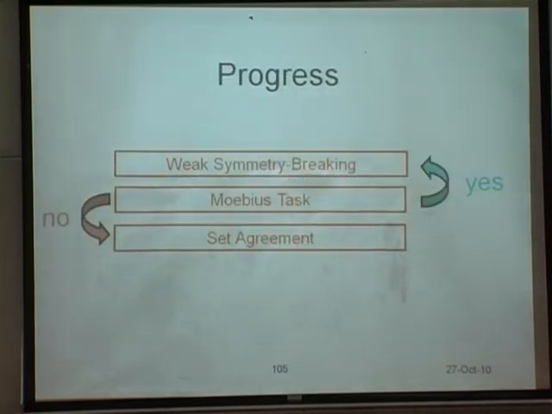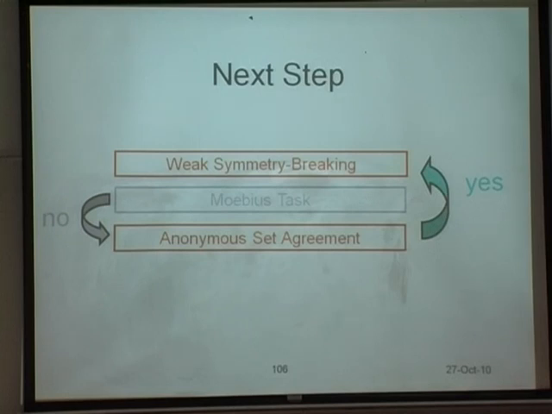So what we've done so far is I've shown you this separation. That given the Mobius task, I can solve weak symmetry breaking, but I know I can't solve set agreement. So the next step is to show that if I have a box for anonymous set agreement, then I can solve weak symmetry breaking. So that's the reduction going the other way.